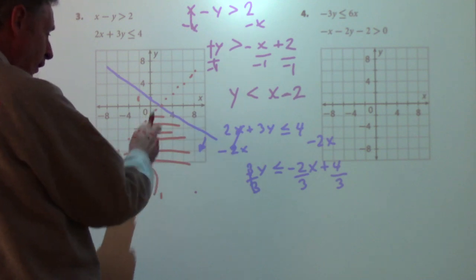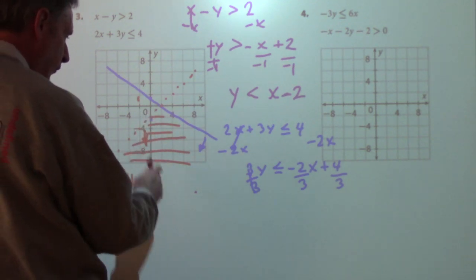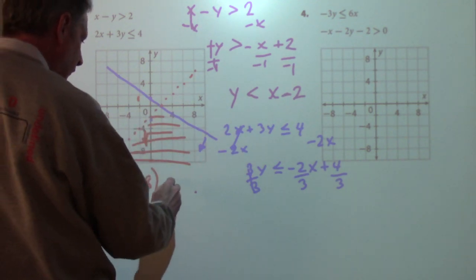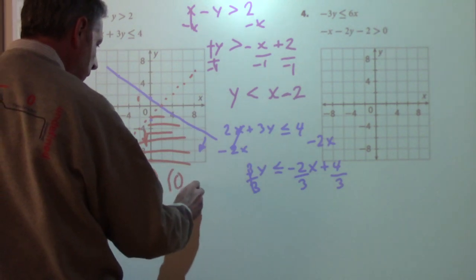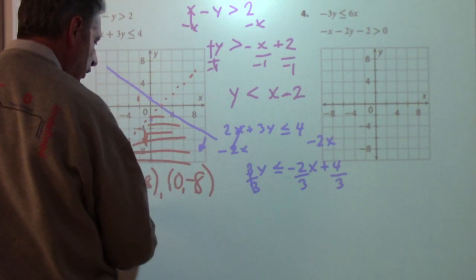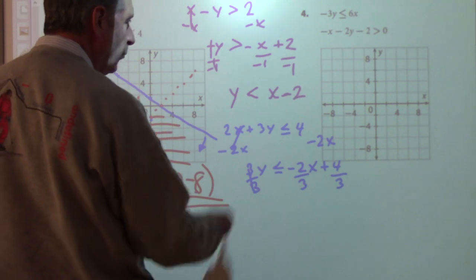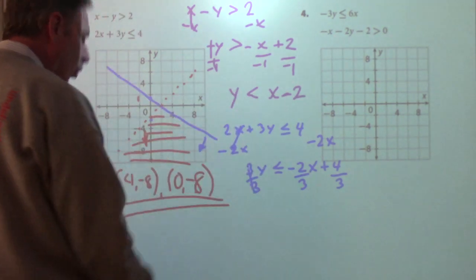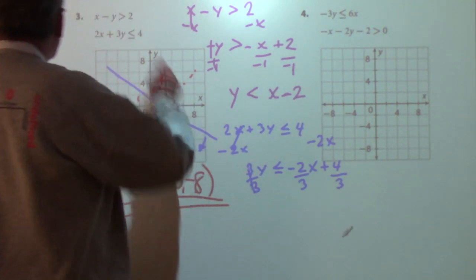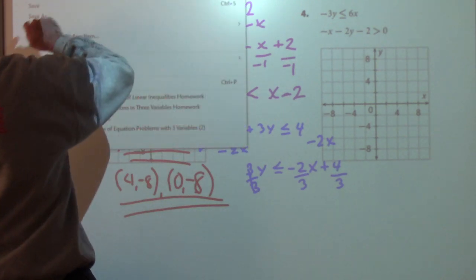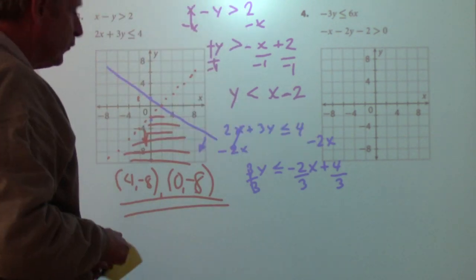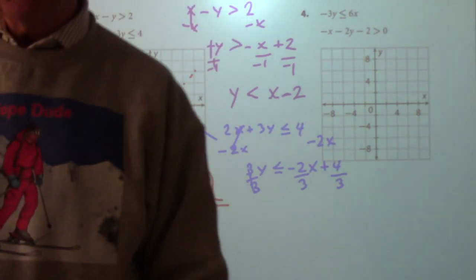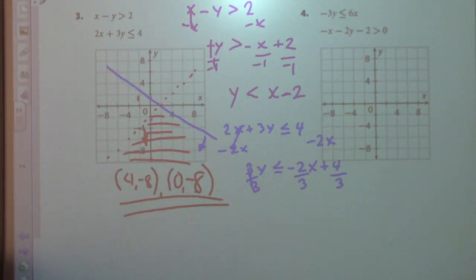That's on the y-axis. So 0, -8. So what I want you to do is just keep it there, and we're going to come back to this tomorrow. So we're just going to leave it right there, and we'll see you tomorrow. Thank you.